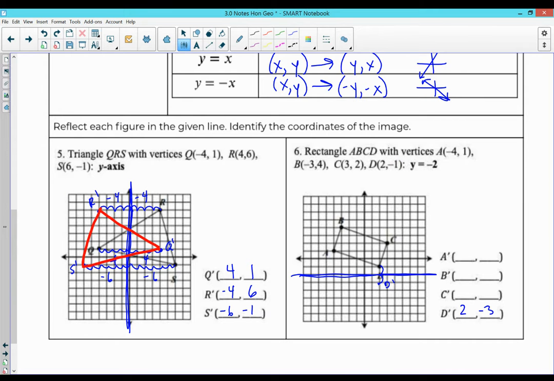Negative 3. Then 4 away, 4 more. That's C prime now. So C prime is still at 3, and then I'm subtracting 4 again. I'm subtracting 8 from 2, so that's negative 6.